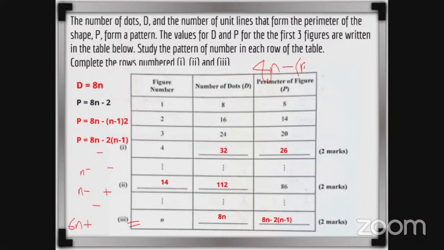Subtract 2p. I also forgot to mention this, it completely slipped my mind. You're using the previous term number, not the current, so that's why you have the n minus 1.